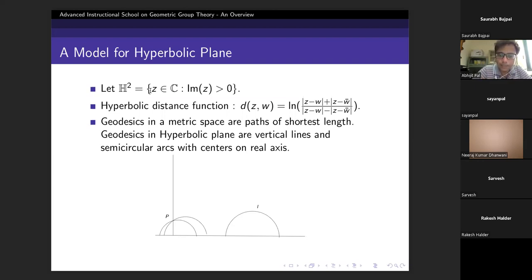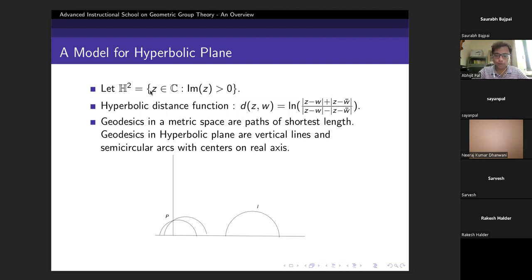One can check that the geodesics in this hyperbolic plane are vertical lines and semicircular arcs with centers on the real axis. What do we mean by geodesic? Geodesics are paths of shortest length.